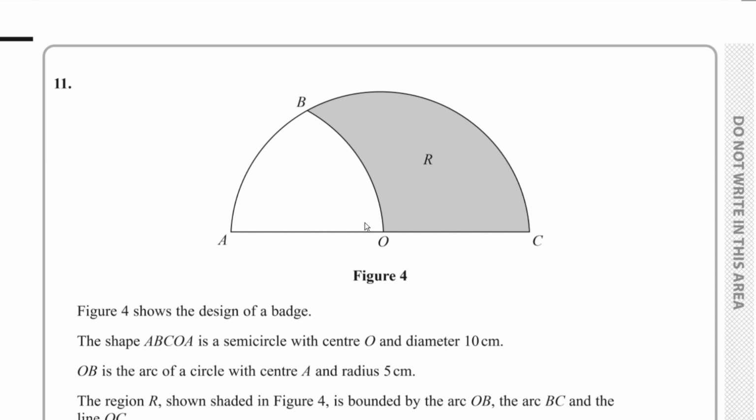Now, we know that OB is the arc of a circle with center A and radius 5 centimeters, and if AC is a diameter of 10 centimeters, that means AO is also 5 centimeters, meaning we can form an equilateral triangle AOB, such as the one we see in red here.